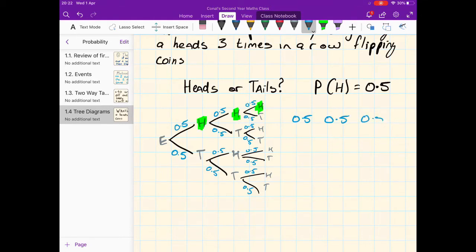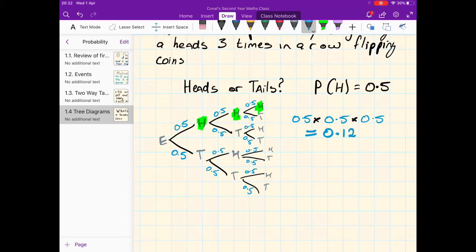The probability of getting the first heads was 0.5. The probability of getting the second one was 0.5. And the probability of getting a third heads is 0.5. If we want to find the probability of those independent events, we need to multiply the 0.5s by each other.